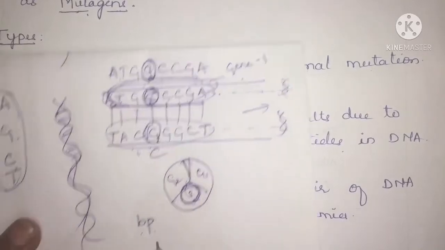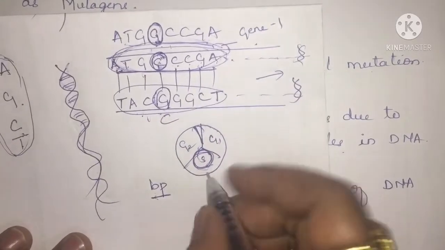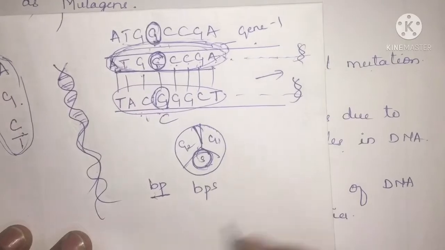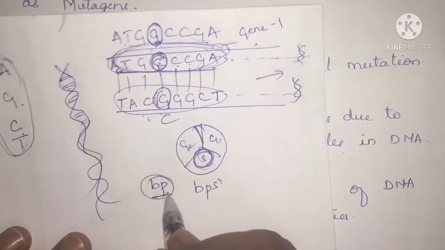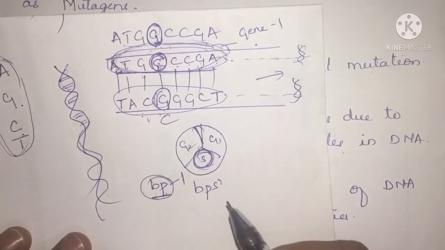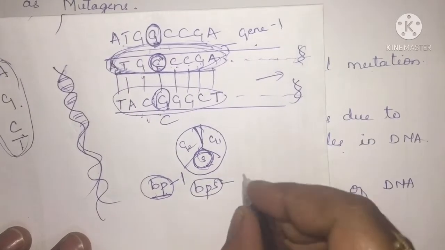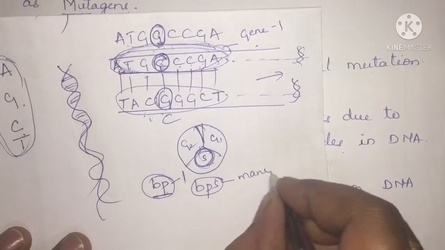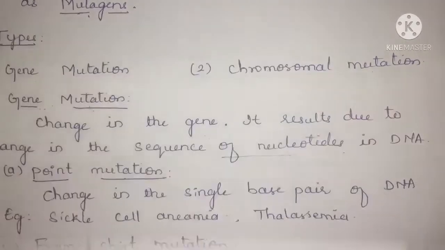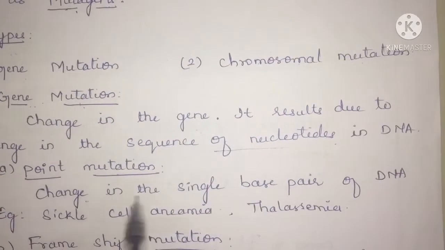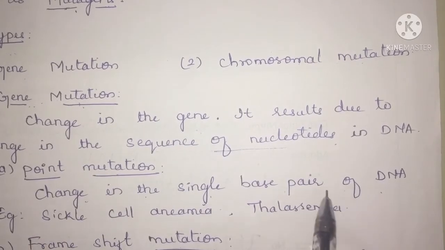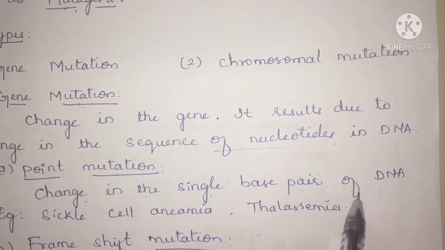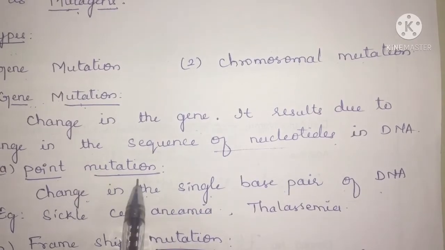Base pair is singular, it refers to only one pair of nucleotides. Base pairs means many nucleotide pairs. So in point mutation, only one base pair of DNA has been changed, and for that we call it point mutation.